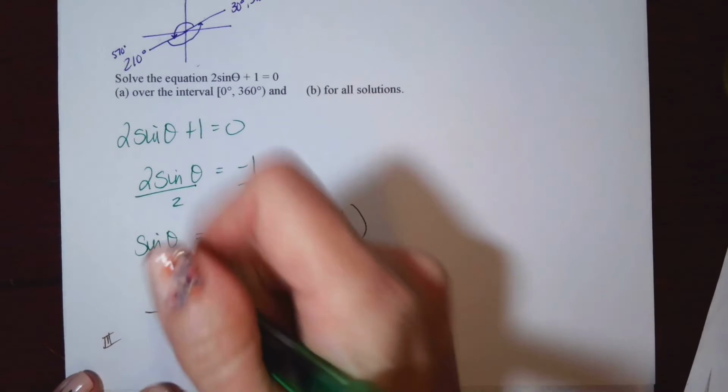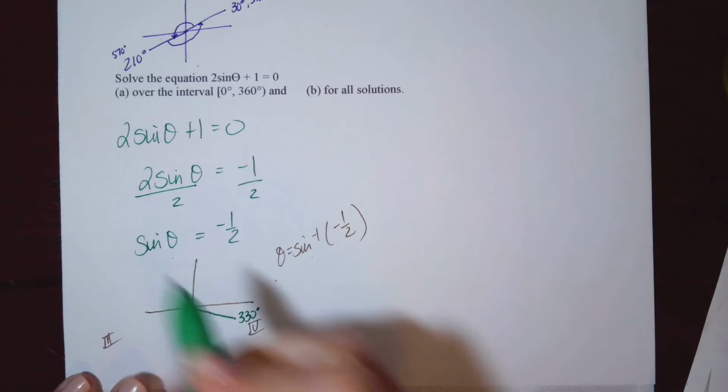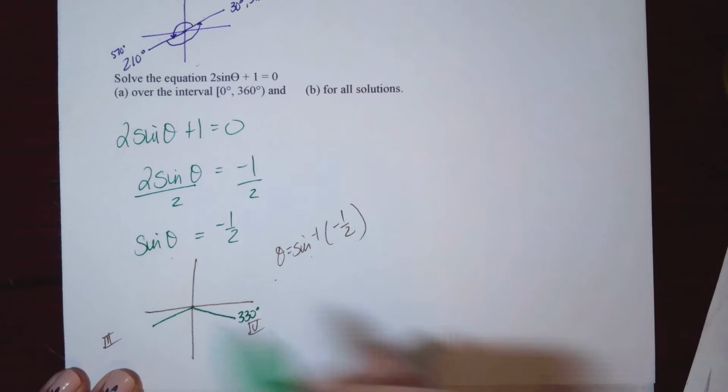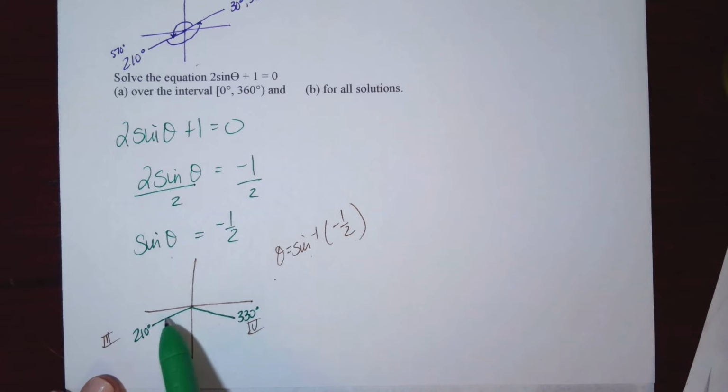So I have a set of solutions that terminate at 330 right there, and I have a set of solutions that terminate right here at 210. Now, the distance between these two angles is not the same as if I keep rotating that same distance here.